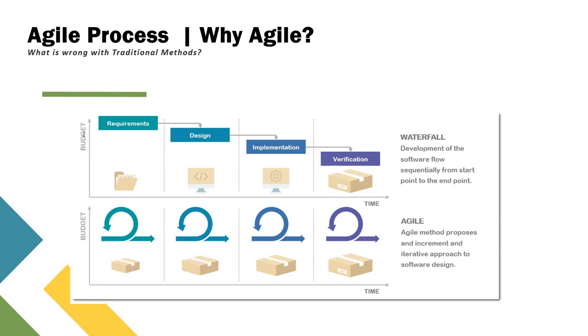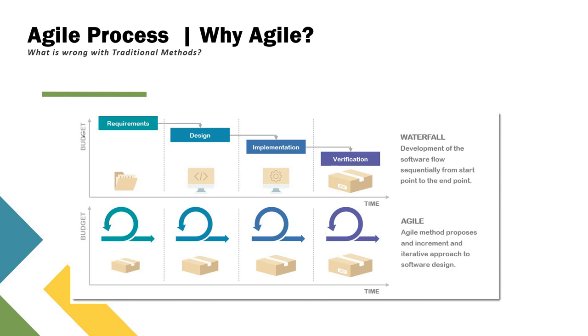So before that, this is the definition or the explanation of the agile process, and we want to know why the agile process came into existence, and also what is wrong with the traditional methods.